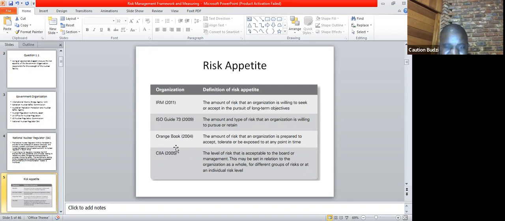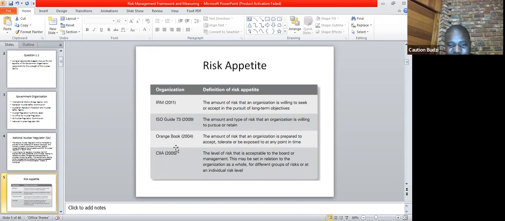So a risk appetite can be set for the sector, as part of the organization, and maybe for individual risk levels, for example at a business unit level or a department level.